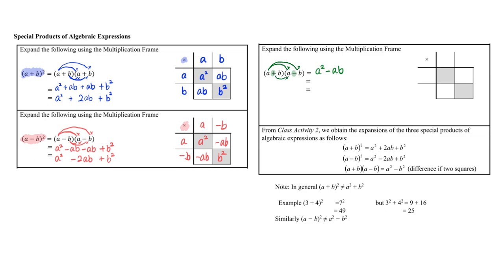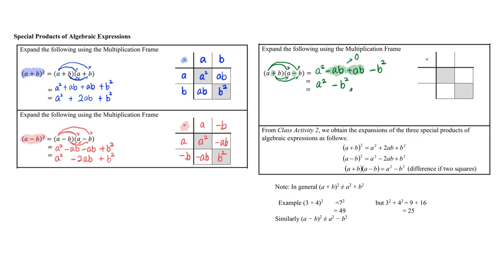Positive b times positive a, positive ab. Positive b times negative b, negative b square. And notice what happened. Negative ab plus ab, this will become 0. So when it is 0, we don't have to write it anymore. And we actually get this special product.